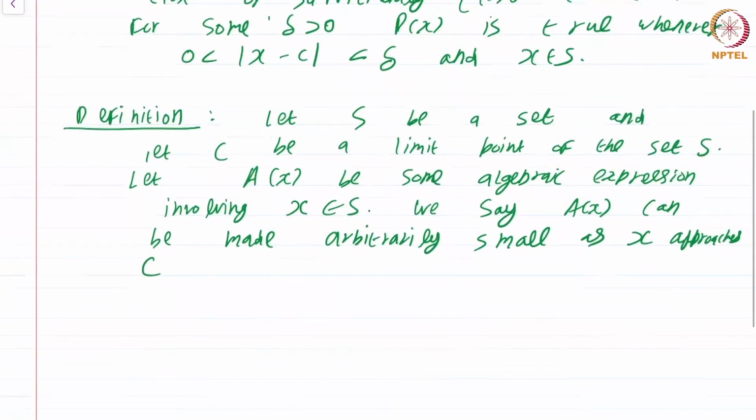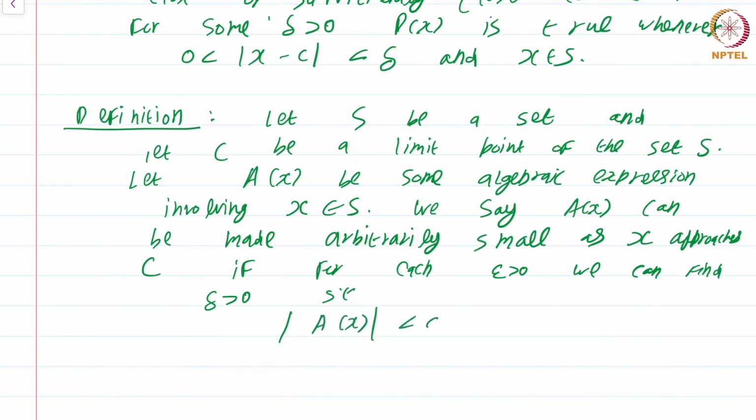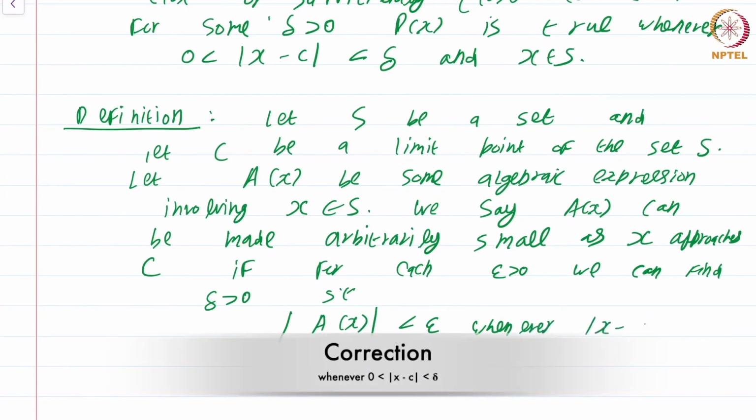Now this should be very familiar. If for each epsilon greater than 0, we can find delta greater than 0 such that mod A(x) is less than epsilon whenever mod x minus C is less than delta.